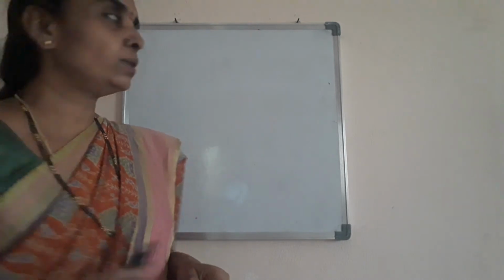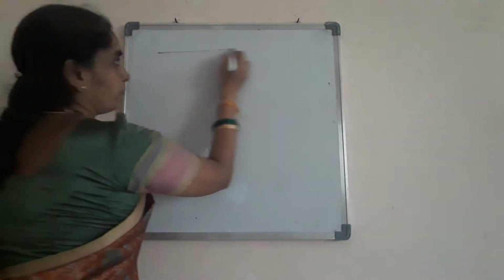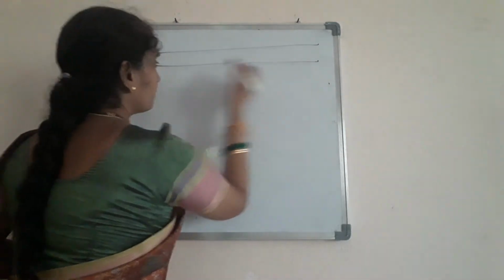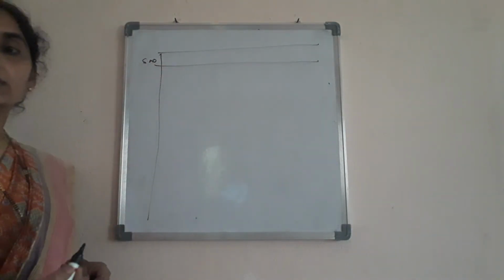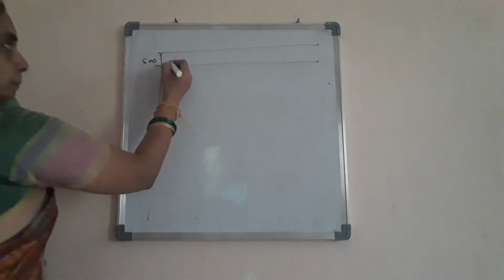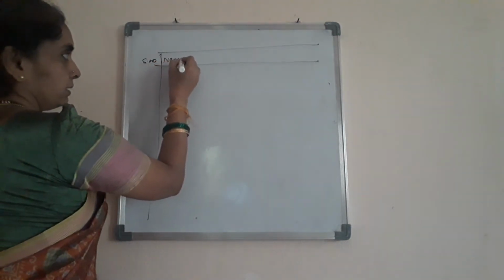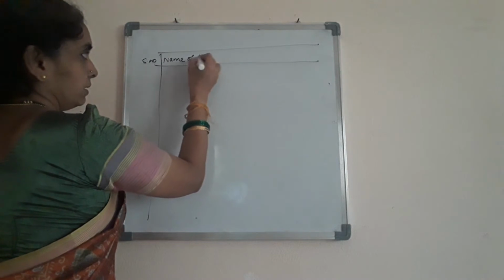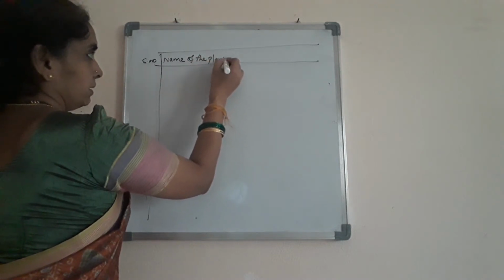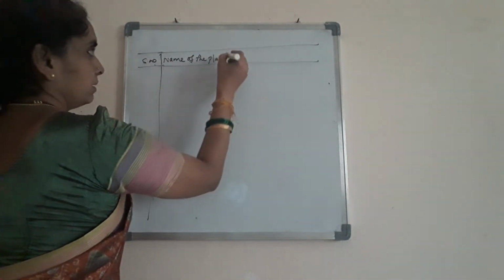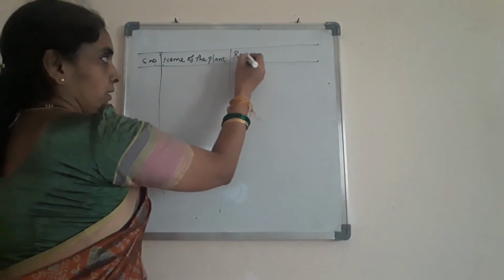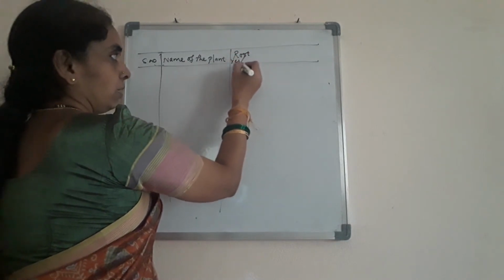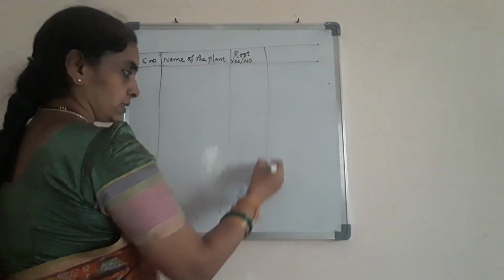So you can note down first in a tabular form: serial number, name of the plant, and note down whether it contains root or not. Yes or no. You have to write.